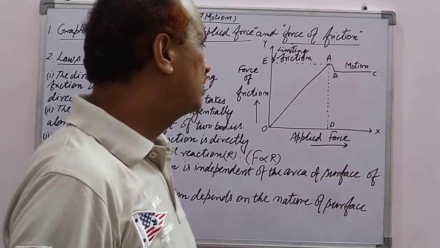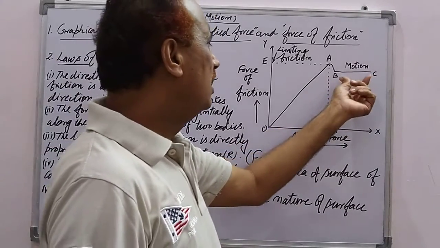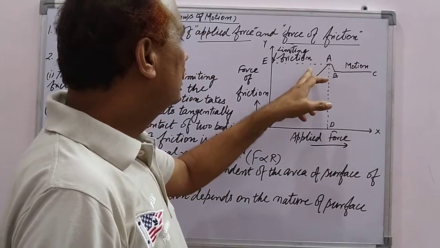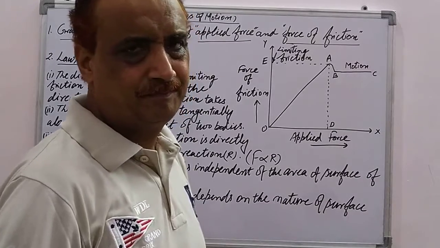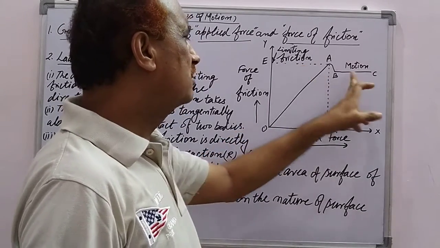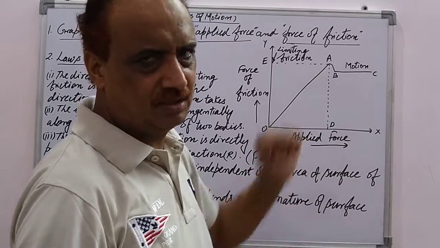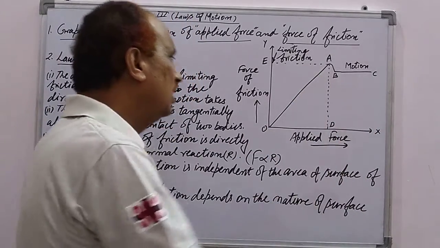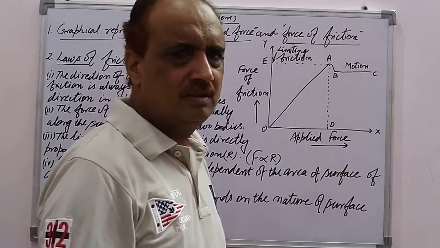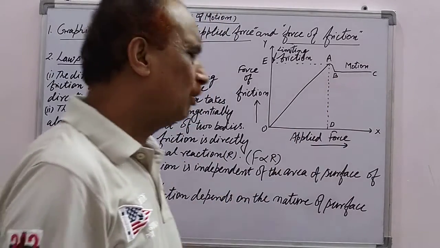This graph shows that the rolling friction is always slightly less than the sliding friction. It means the limiting force of friction is maximum as compared to the kinetic friction. This is the relation between the limiting force of friction, applied force, and the kinetic friction, represented by this graph.